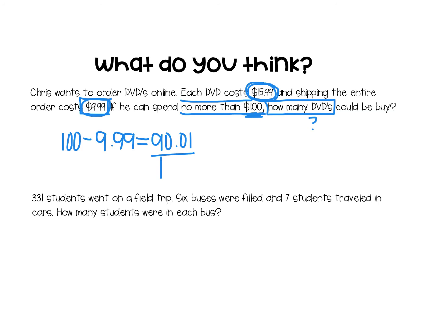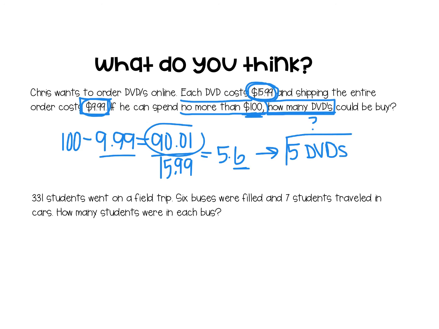So if I were to divide that by $15.99, I get 5.6. Well, if I think about what it's representing, how many DVDs, I can't buy 0.6 of a DVD. If I round up to 6, I'm going to spend more than that $90.01 that I have after shipping. So I'm going to say 5 DVDs. At most, he can buy 5 DVDs.